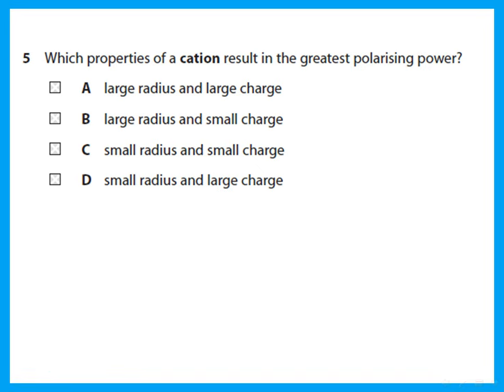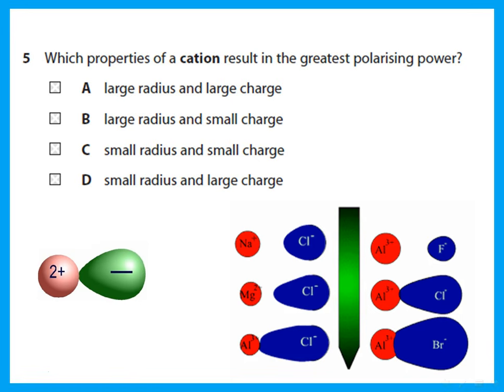So we said for a cation to distort this electron cloud and cause polarization, the cation should be small with larger charge. So the one that has a small radius with larger charge would be the cation that causes greater polarizing power.